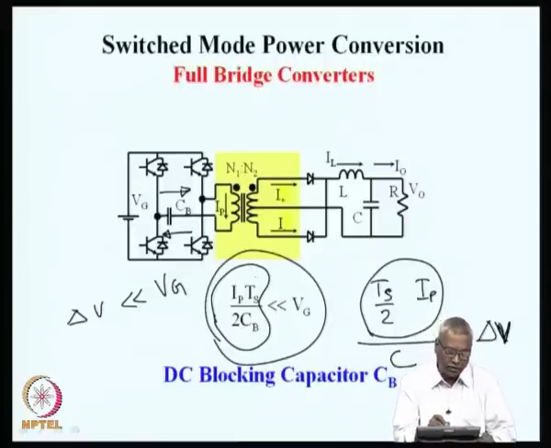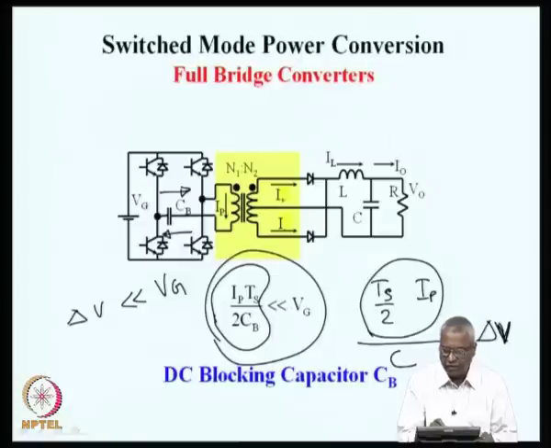The ripple voltage on the capacitor is Ip multiplied by Ts by 2, half the period, divided by C. This is the Coulomb charge into the capacitor. Charge by the capacitance is the delta V, or change in voltage in the capacitor.